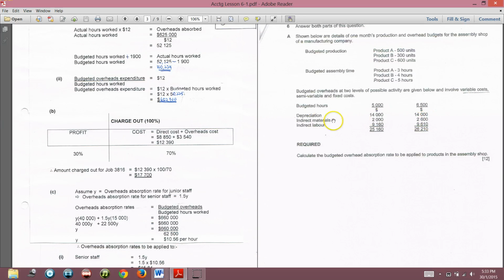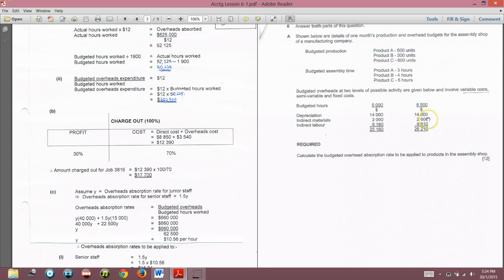So what I can understand from this indirect material is it is a variable cost, because it varies directly with the production level, with the budgeted hours. The more budgeted hours you incur, the more indirect material, and the increase is proportionate.